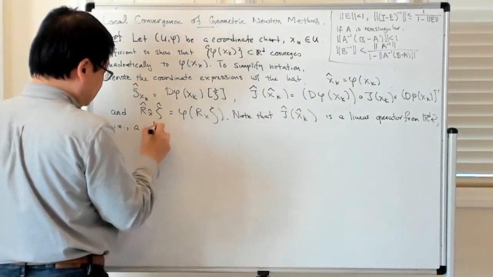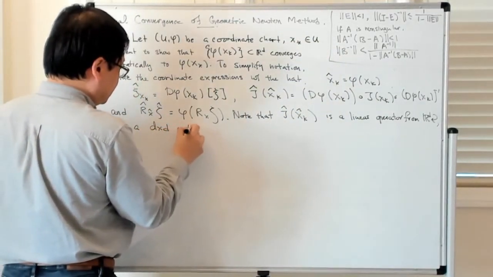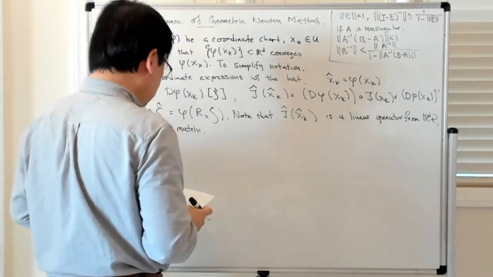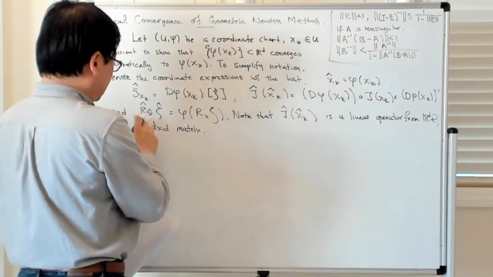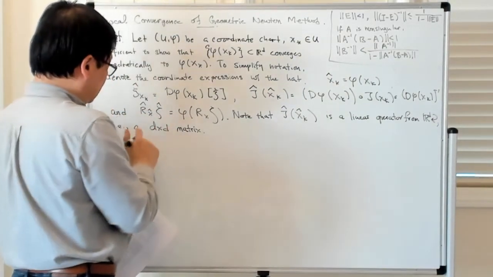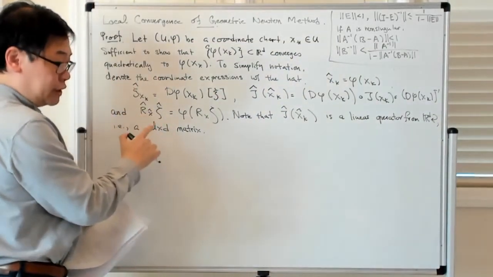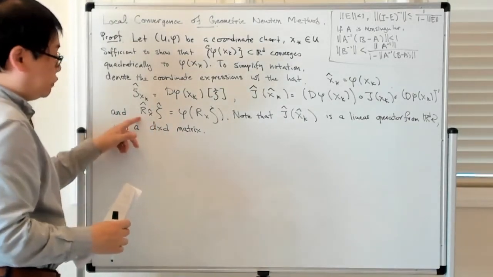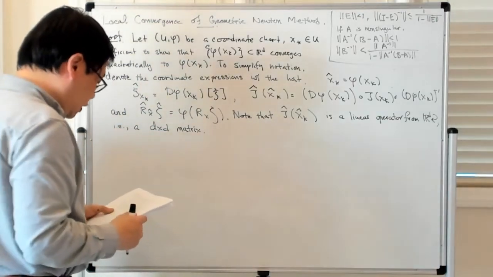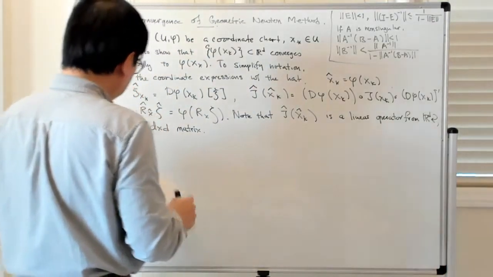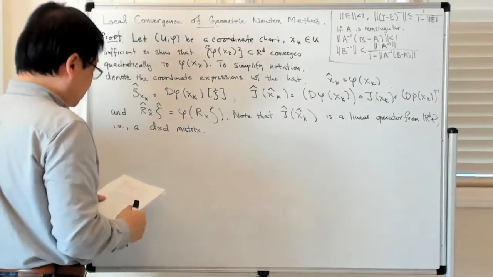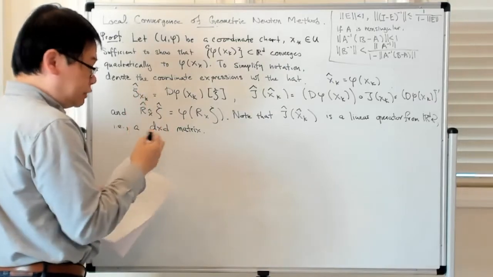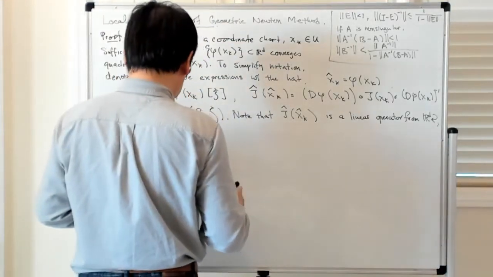And then the other thing is that this coordinate representation at the retraction inherits the rigidity property of the retraction, and the way it manifests itself is that the differential of this at the identity, the differential of this at 0, is the identity.